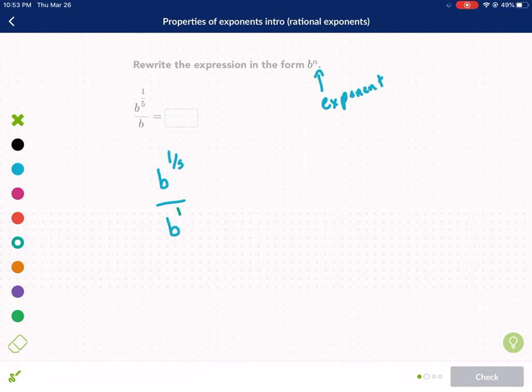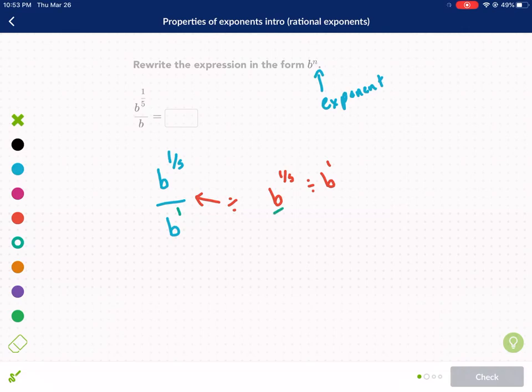Now we're going to use the quotient property of exponents, because that's technically a divide sign. We're going to rewrite this as b to the 1/5 divided by b to the first.